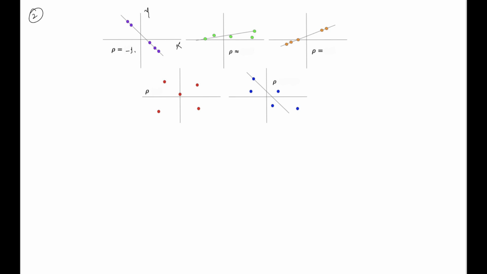Here we do not have the perfect relationship, but somehow x and y tend to follow each other, but they are not in a linear relationship.